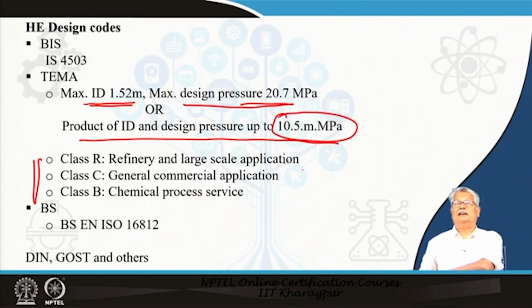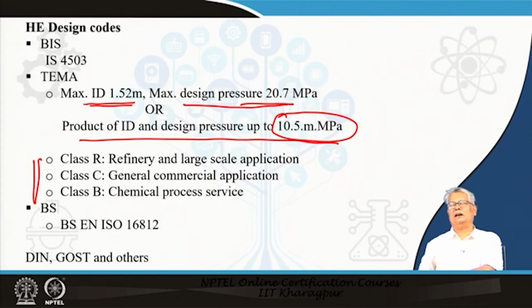I leave it to you to think why they have defined it this way. That means, for smaller diameters you can go for a larger pressure rating or larger design pressure. For larger diameters you will be going for a lower limit of your design pressure. Just think over it.